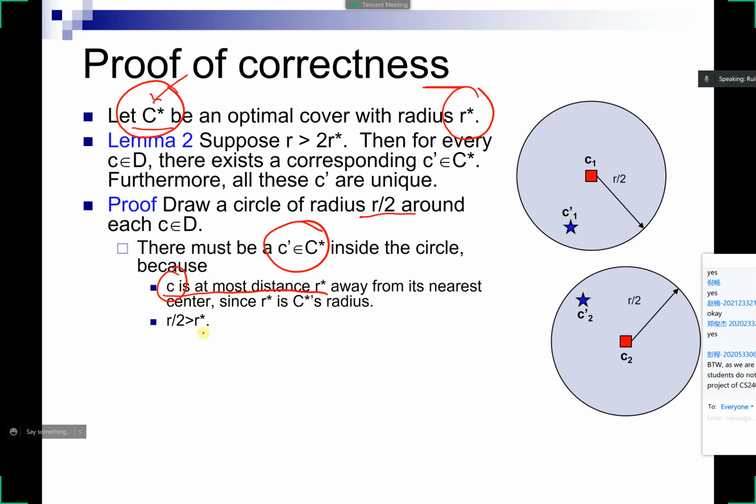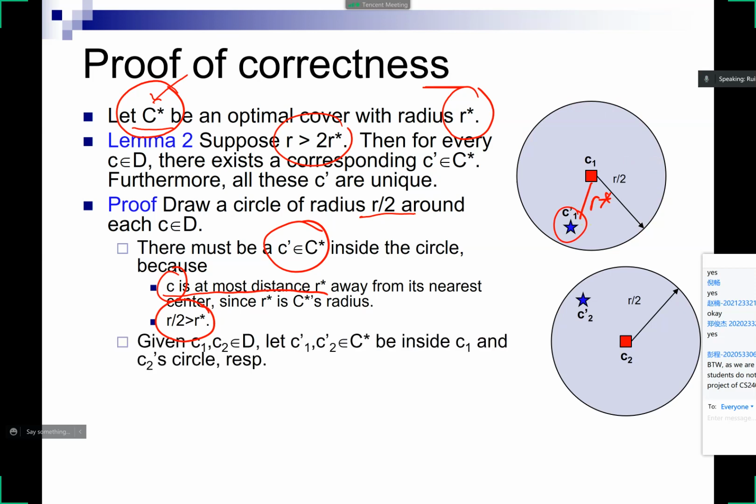Right, and then also since we drew this ball of radius r over 2, and we assume that r is larger than 2 times r star, then this ball actually covers this distance r star over here. So C is within distance r star from some optimal center, and r star is less than r over 2, and so therefore this optimal center has to fall within this circle around one of our centers.